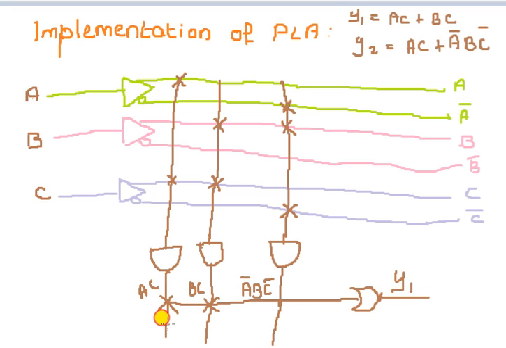And also I have to design a second programmable OR gate for the second output Y2 and fix the fuses here and for AC. This is the representation of our above example using the Boolean functions Y1 and Y2.